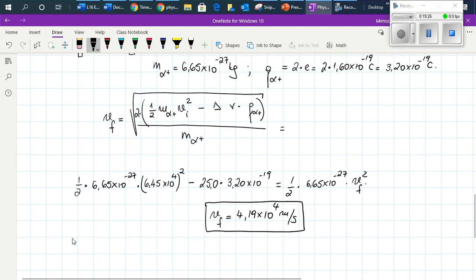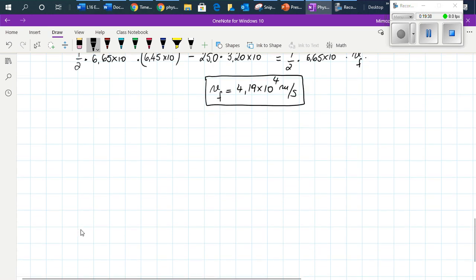Imagine that we can increase the change of voltage between those two parallel plates and make the alpha particle stop moving.